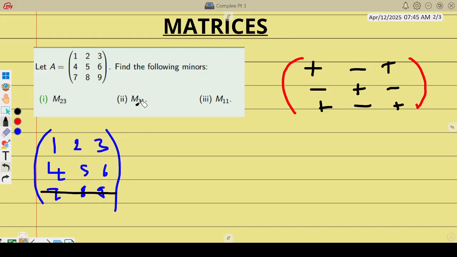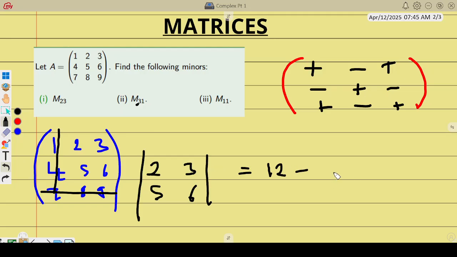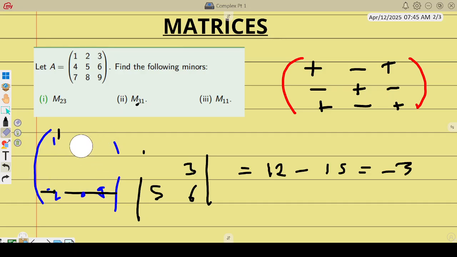We cancel this, and the second number means column number 1. We cancel this. You can see we are remaining with only 2, 3, 5, 6. The minor is just a term for the determinant of this smaller matrix. So this is 2 times 6, 12, minus 5 times 3, 15. Our minor is negative 3.